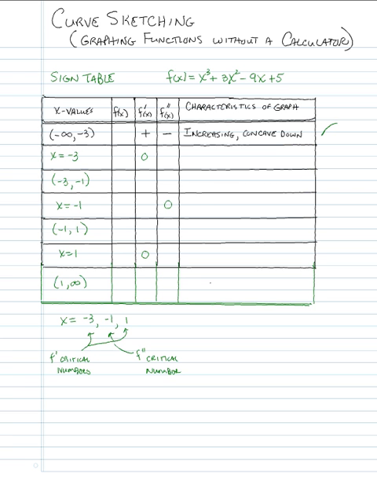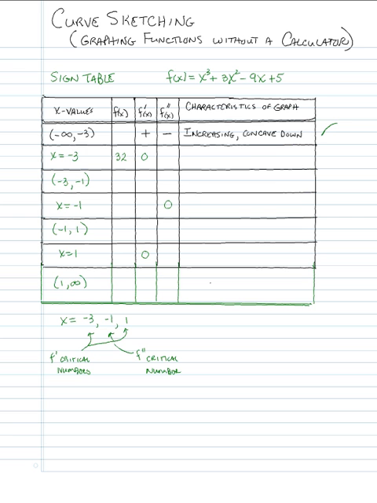Now, another thing that we'll do is, because when we have a critical number of the first derivative, we might have a maximum or a minimum. And of course, that maximum or minimum is a y value or an f of x value. So it's important when we have a critical number, or a specific value of x, that we actually calculate the y value that goes with it.